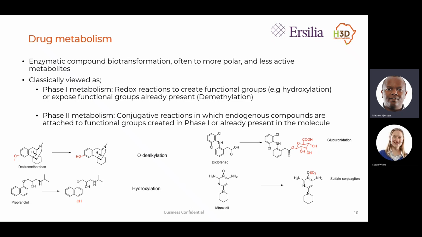Usually, metabolism will be a process of increasing the polarity of the compound so that it's so polar that it loses its passive diffusion ability essentially, and can no longer get reabsorbed once it's excreted from the body. And so phase 1 and 2 will essentially take place for the compound until the compound is polar enough or transformed enough to be excreted.